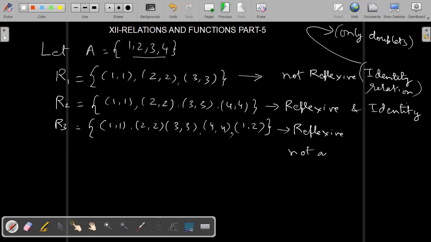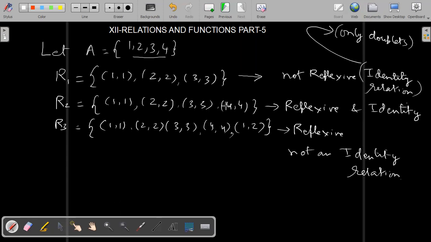Understood? So in an identity relation, only that number should be related to itself, and if other pairs are there, then it is not an identity relation.